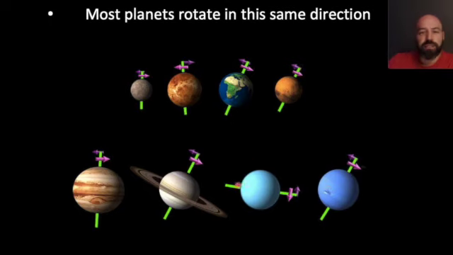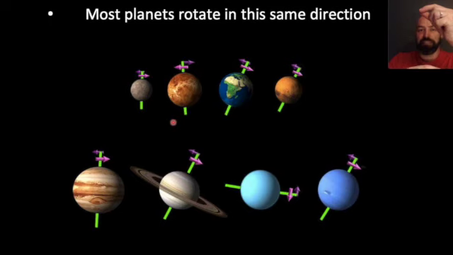But Uranus is on its side, and the theories are that Uranus was hit one or more times, which caused it to rotate so that it looks like it's rotating the other direction. And Venus also, the thought was that it started out rotating the same as all the other ones, but now it is flipped.